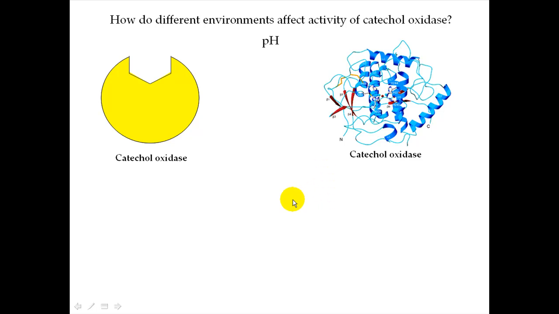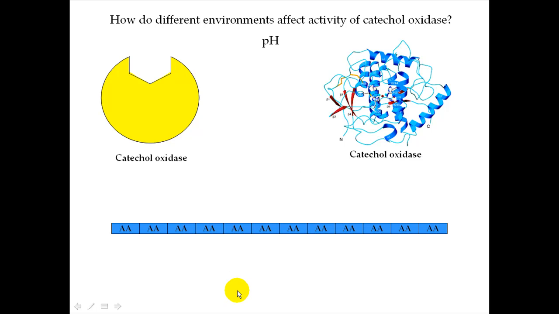And the reason why is because, if you consider, let's just unravel this particular protein for a second so that we see that, again, it's just a string of amino acids. What naturally causes a string of amino acids to fold in a particular way, for example, like this, is the fact that different amino acids have different R groups.